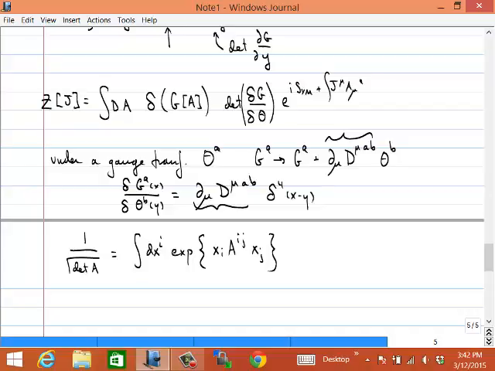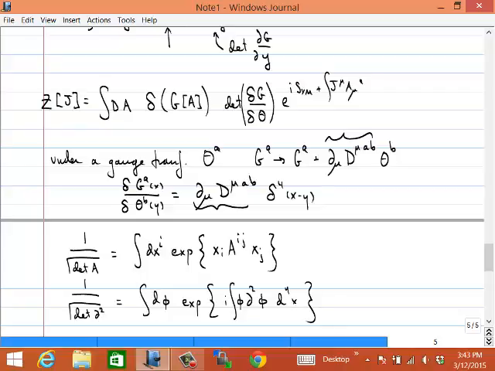So now let's say I had a Laplacian operator, not an n by n matrix. Well, what would you do? You would compute 1 over the square root of the determinant of the Laplacian operator as the integral over, well, now this operator acts on functions, not on vectors. An n by n matrix acts on vectors. This operator acts on functions.